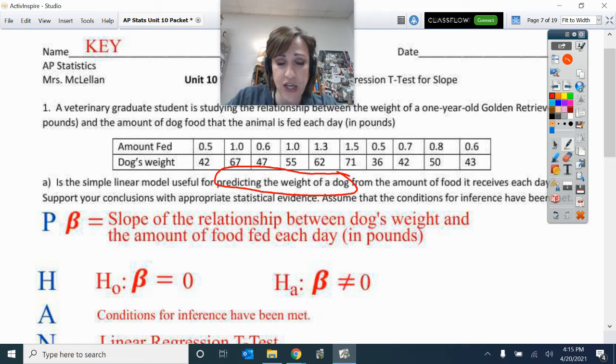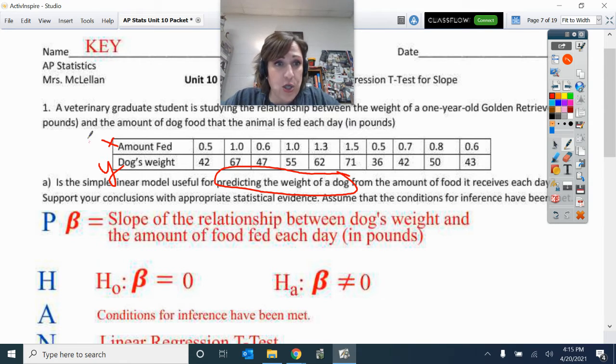That right there indicates that this is Y and this is X. I had some problems in the past where these were actually written in the opposite way, and I could see how you could predict the amount of food from the dog's weight. So I could see it making sense. Therefore, I stopped and made sure I understood which variable was X and which variable was Y before I began.